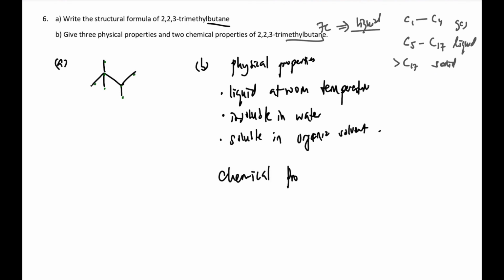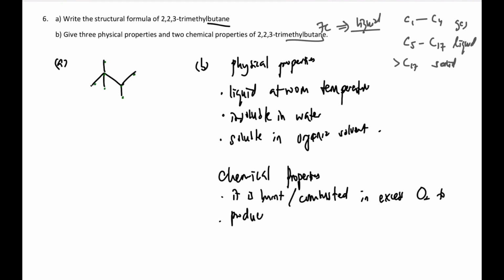What about chemical properties? So chemical properties dia pula, dia minta dua. So apa? It is burned ataupun combusted, dibakar, combusted in excess oxygen to produce CO2 and H2O.